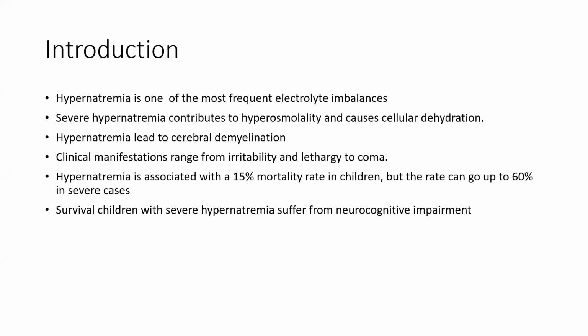So, for example, we can calculate for a child who has a sodium of 180, urea of 2, and glucose of 18. You will find the osmolarity is nearly 290, because you have 2 times sodium 180 plus 2 of the urea plus 18 of the glucose.